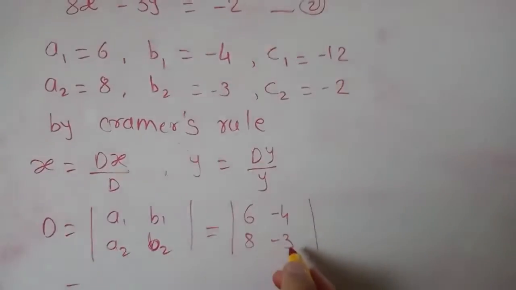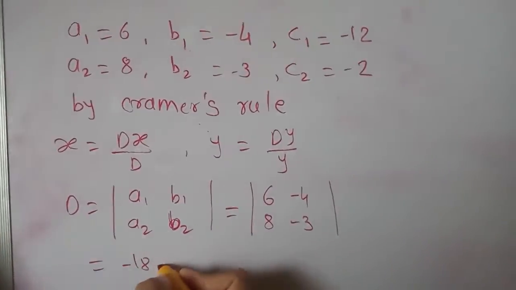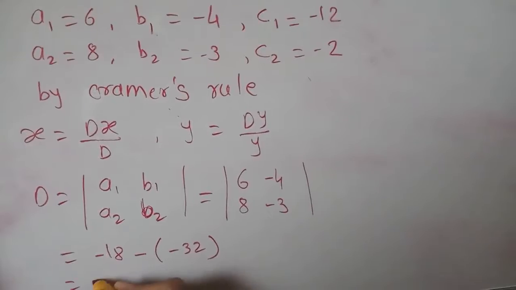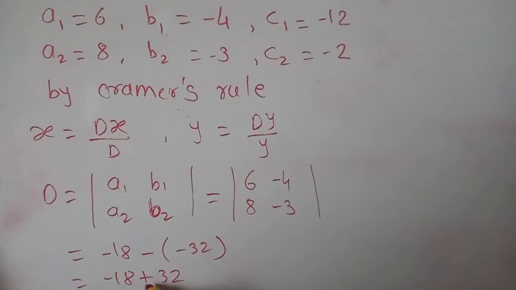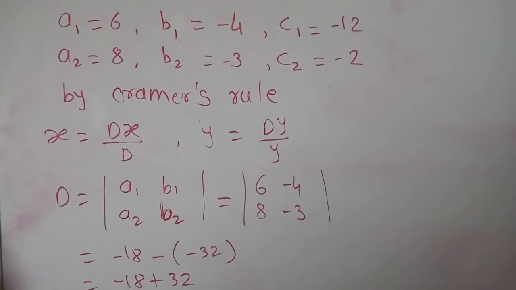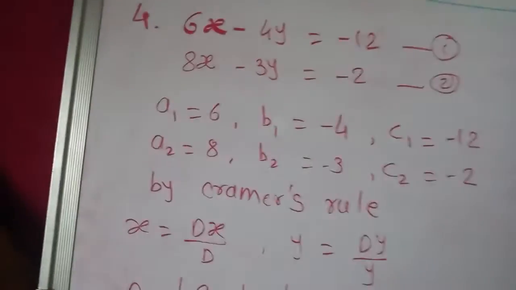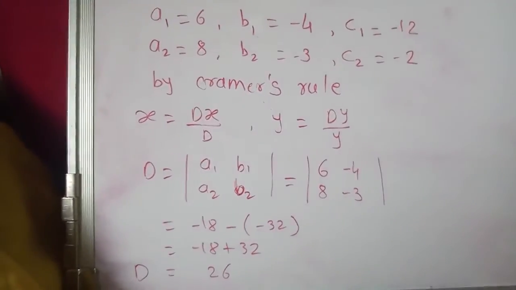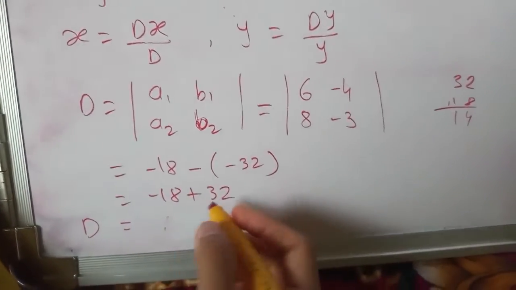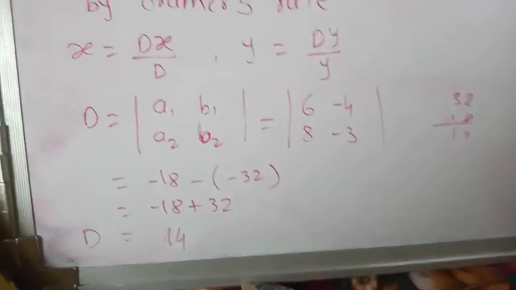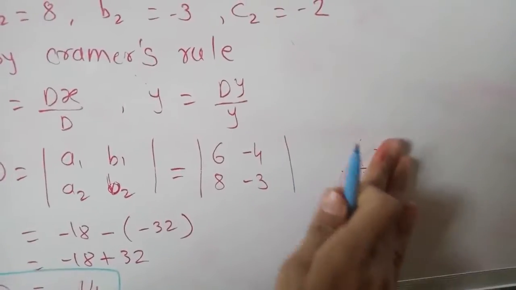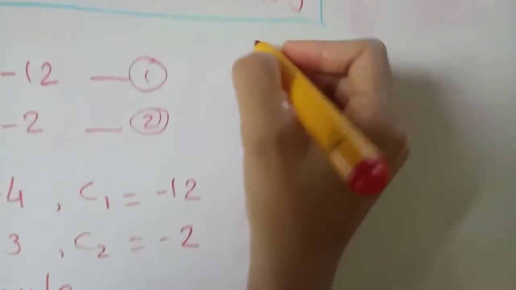So cross multiplication, 6 into minus 3 is minus 18, minus 8 into minus 4 is minus 32. So minus 18 plus 32. Sorry, minus 18 plus 32 is plus 14. So value of D is equals to plus 14. So next is dx.